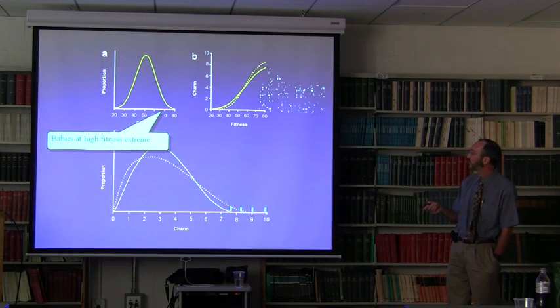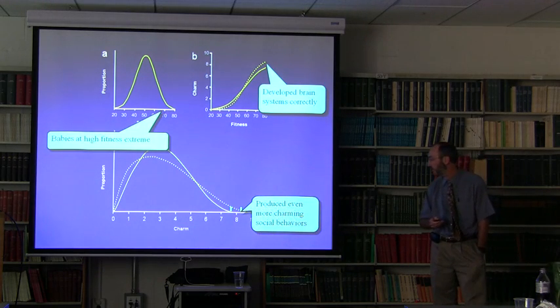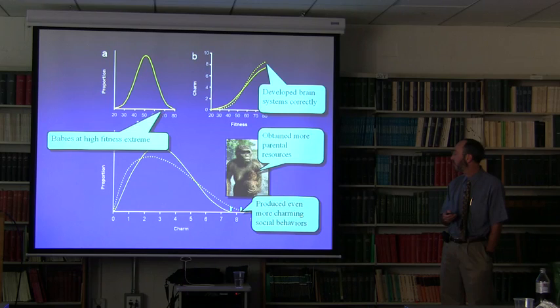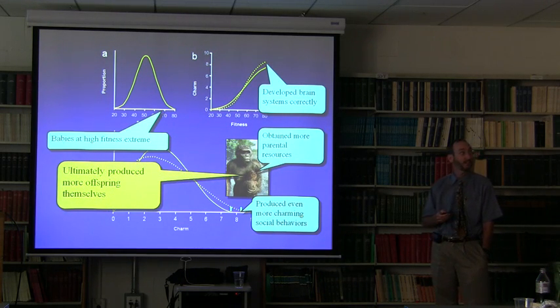Babies at the high fitness extreme, though, would be able to develop these brain systems correctly and produce even more charming social behaviors, obtain more parental resources, and ultimately produce more offspring themselves.